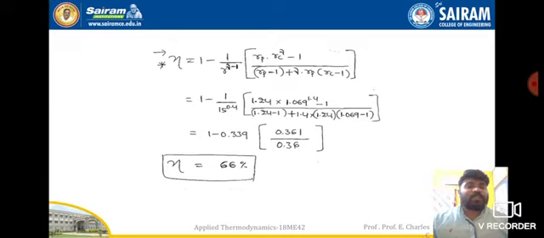So this is the addition, and we have to multiply it with the Otto cycle term. All the things we know: pressure ratio, cutoff ratio, adiabatic index, and compression ratio. If you substitute all the values, we will find the efficiency of the dual cycle.